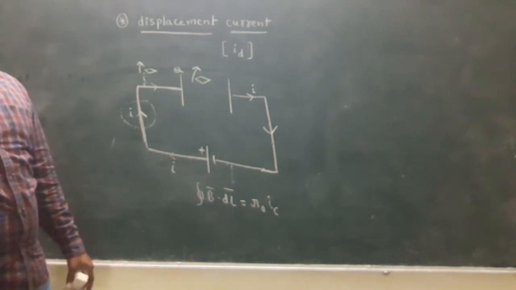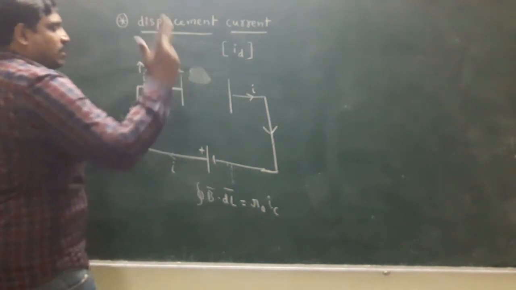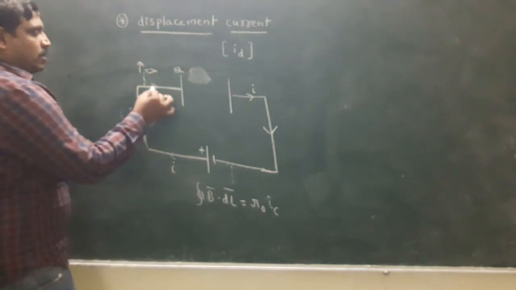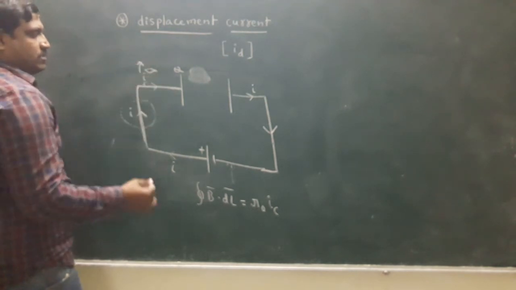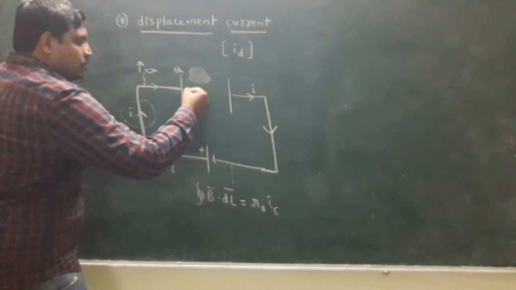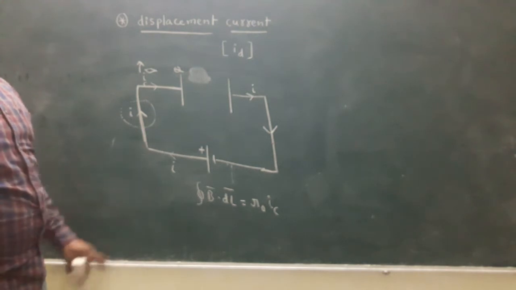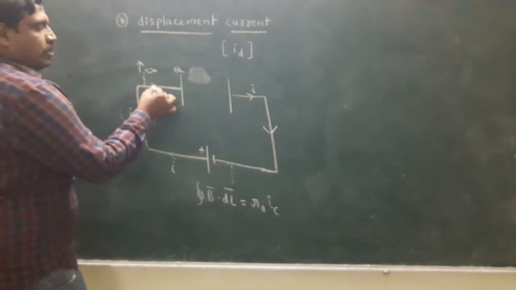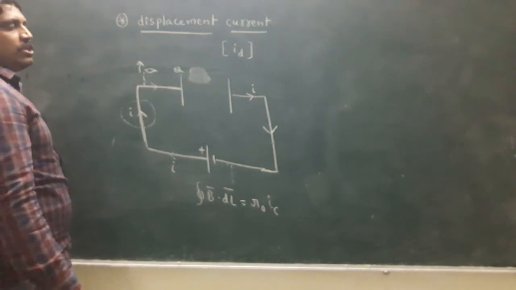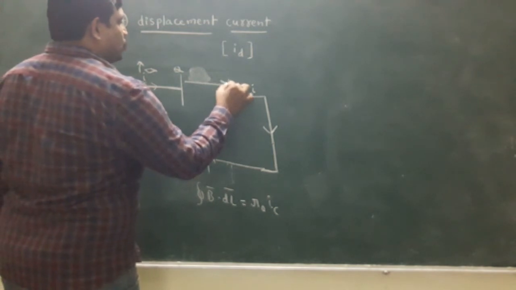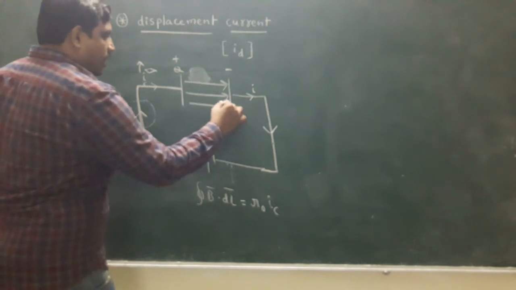According to Maxwell's observations, as current flows onto the capacitor, the charge increases and the electrical field also increases.